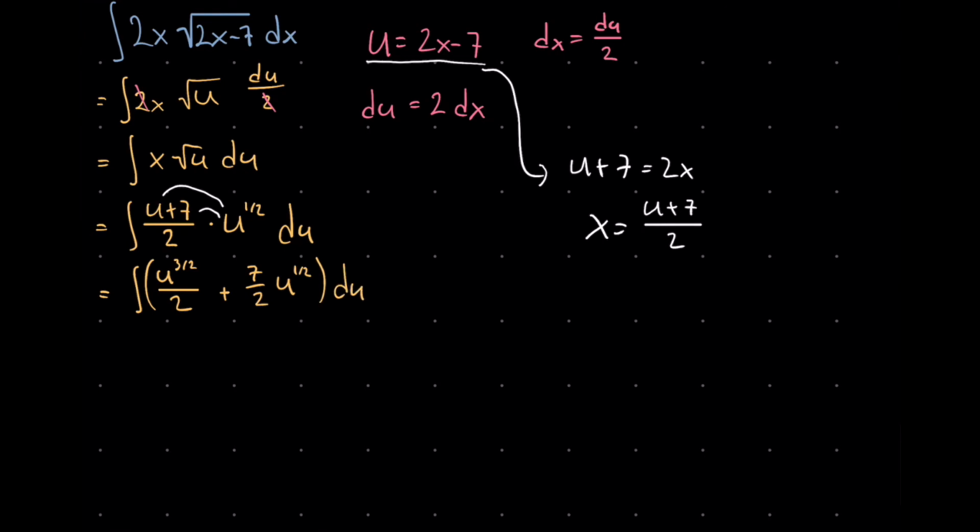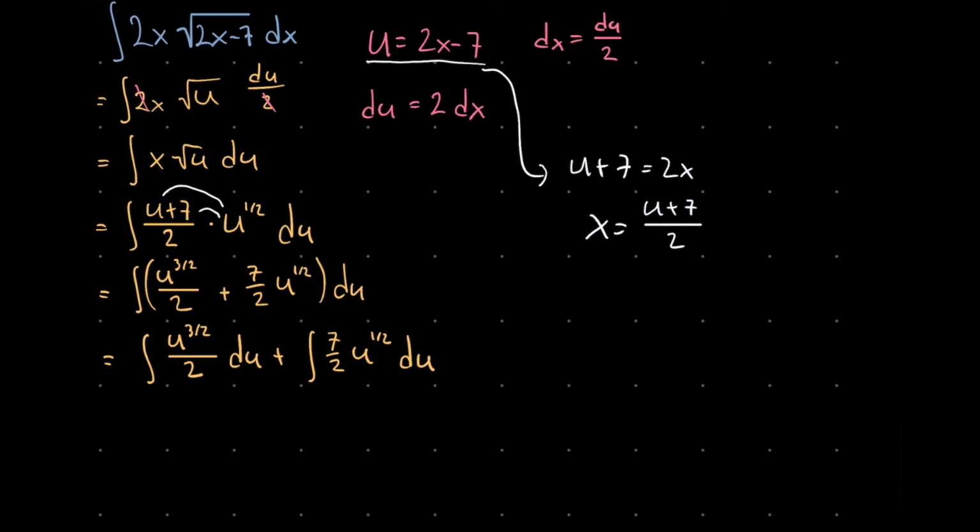Using the rules of integration, we could separate this and get the integral of u to the power of 3 over 2 all over 2 du plus the integral of 7 halves u to the power of 1/2 du. Once again, that's just by the basic rules of integrals.